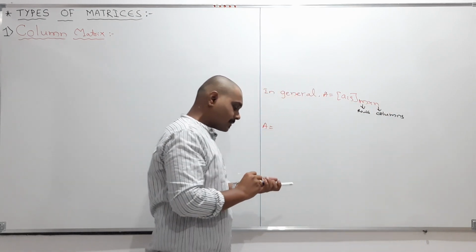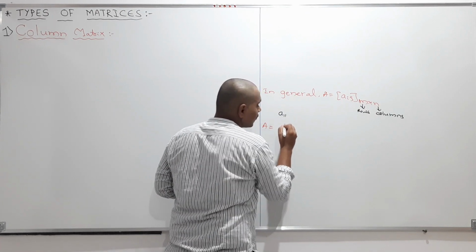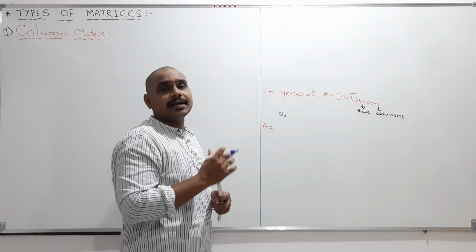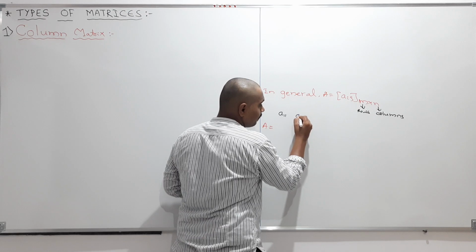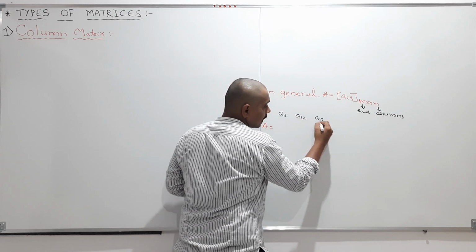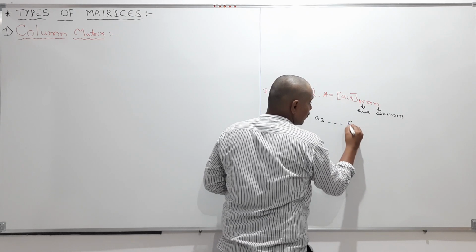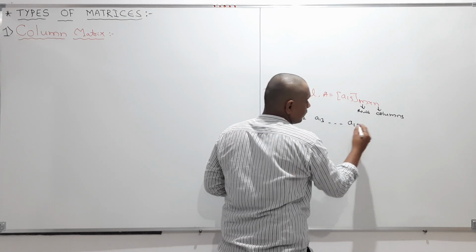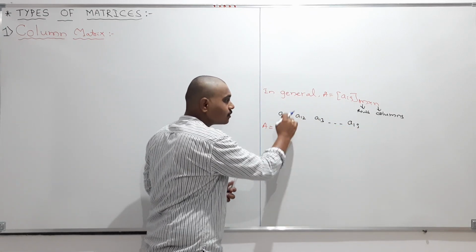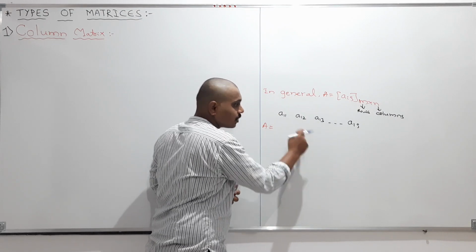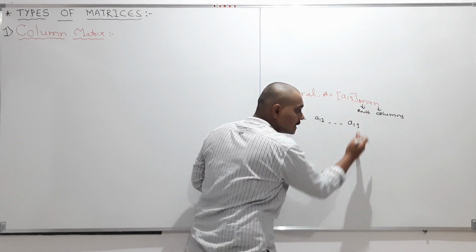So my dear students, I am writing in general the elements. A11 means first row, first column. So A11, A12, A13 and so on up to A1j, some middle term, which is the jth column. A11 is first row, first column; A12 first row, second column; A13 first row, third column; up to some middle term, first row, jth column.